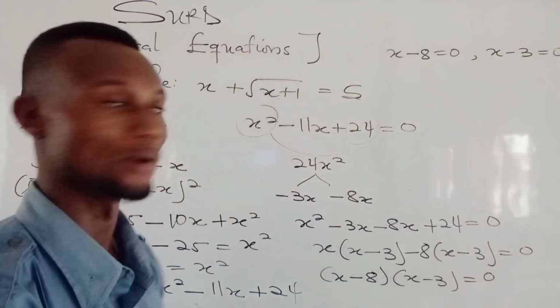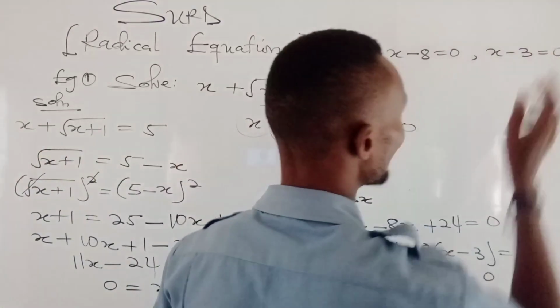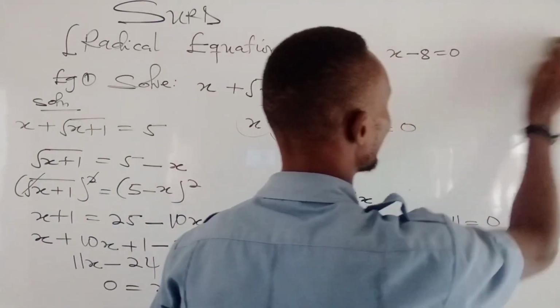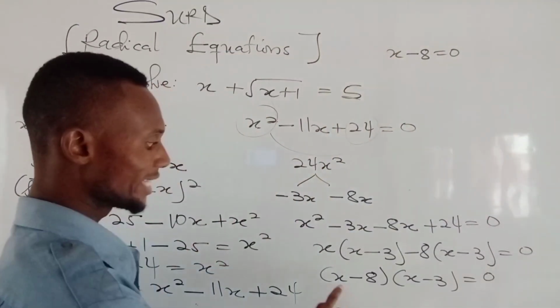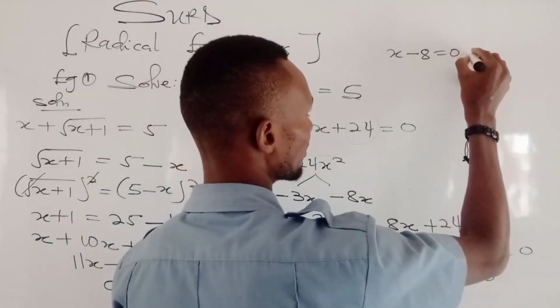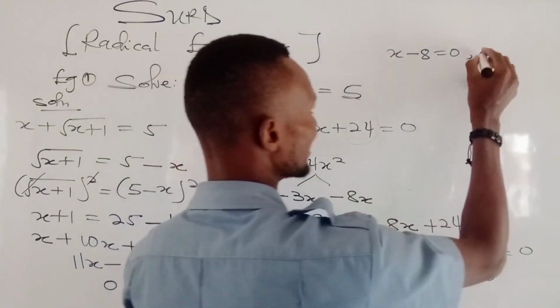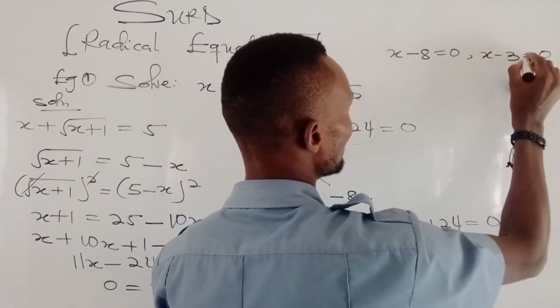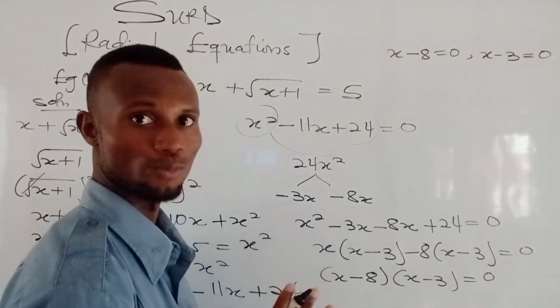Okay, let me clean this one and write it well so that you can see it clearly. So we take the s minus 8, equate it to 0, then comma, then we take the s minus 3 also, we equate it to 0, and we solve for s. I hope you agree with me.